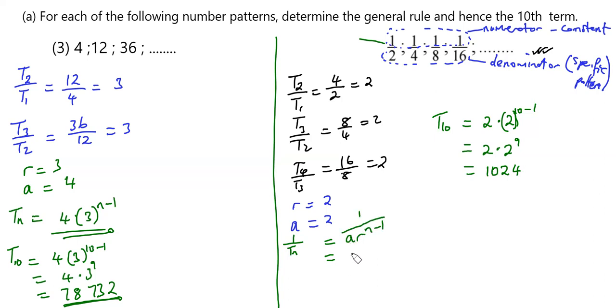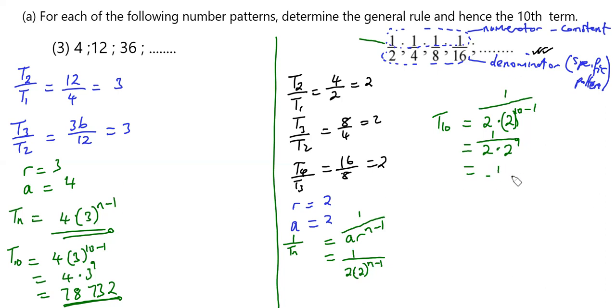So it's going to be 1 over 2 times 2 to the power n minus 1. That's what we have here. So it's going to be 1 over that. Then for T10, we'll put the 1 on top here, and you also put the 1 on top. Then this one here, we can quickly rub it.